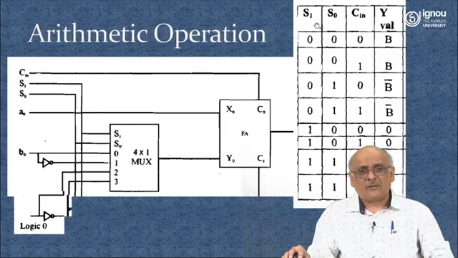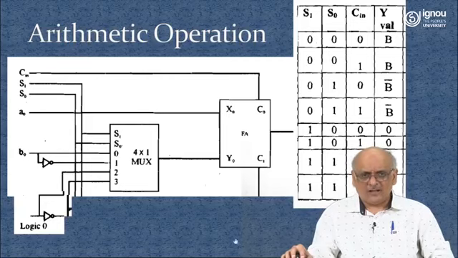All right. So with S1 S0 at 0, what is connected? B0, the bit 0. Similarly, all the units will be there in parallel, so B1, B2 for bit 1 and so on.